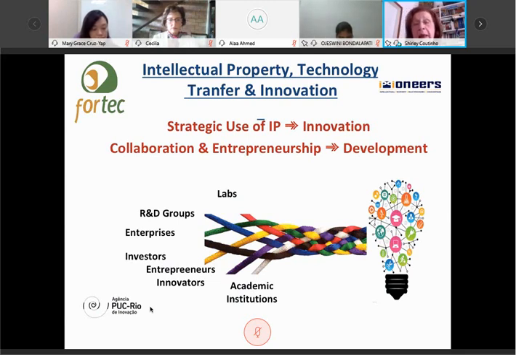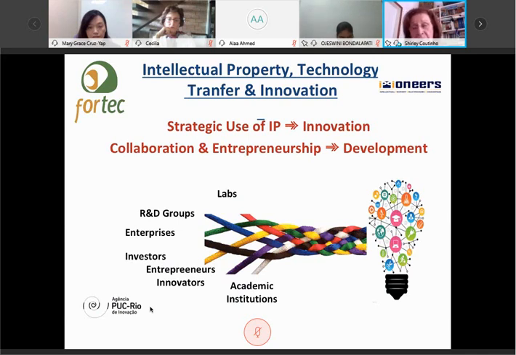The strategic use depends on the collaboration of labs, R&D groups, enterprises, investors, entrepreneurs, and academic institutions. Last year, we were able to hold a summit where we joined all seven associations that deal with these issues, and it was very interesting.